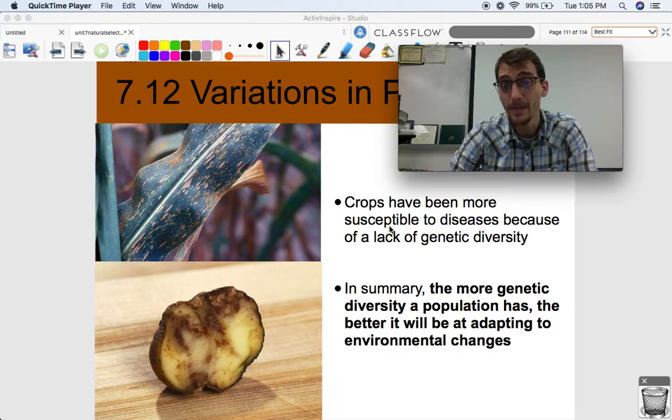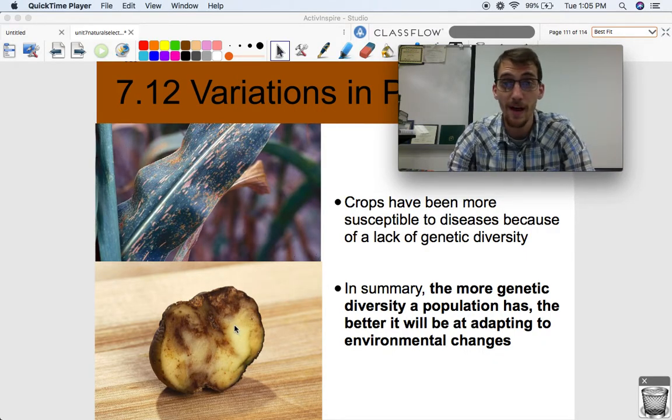It really happened because there was a blight in potatoes. There was a fungus that affected all the potatoes, and since all the potato plants were the same, there was no genetic diversity there. No potatoes were able to survive the potato blight, this fungal disease that wiped out all these potatoes, and people went hungry. It was a huge, huge deal.